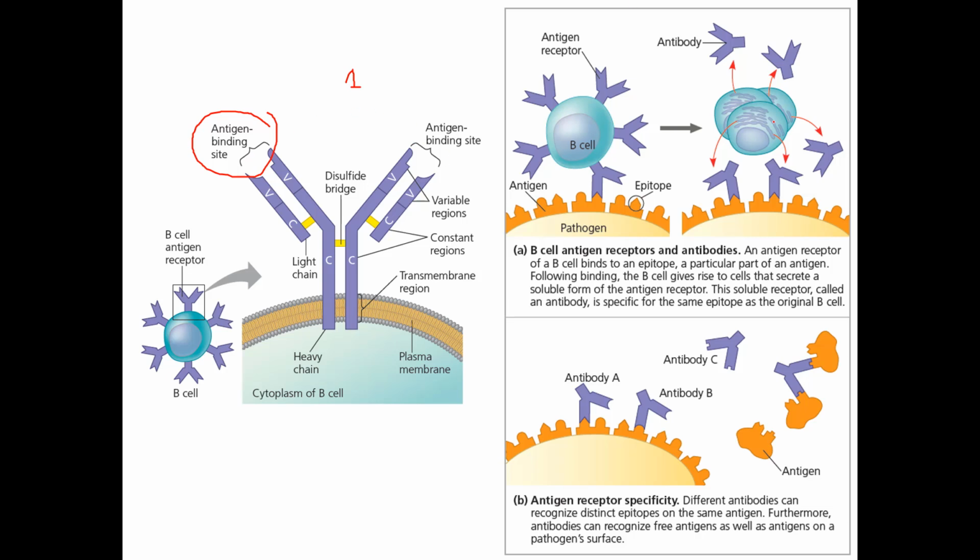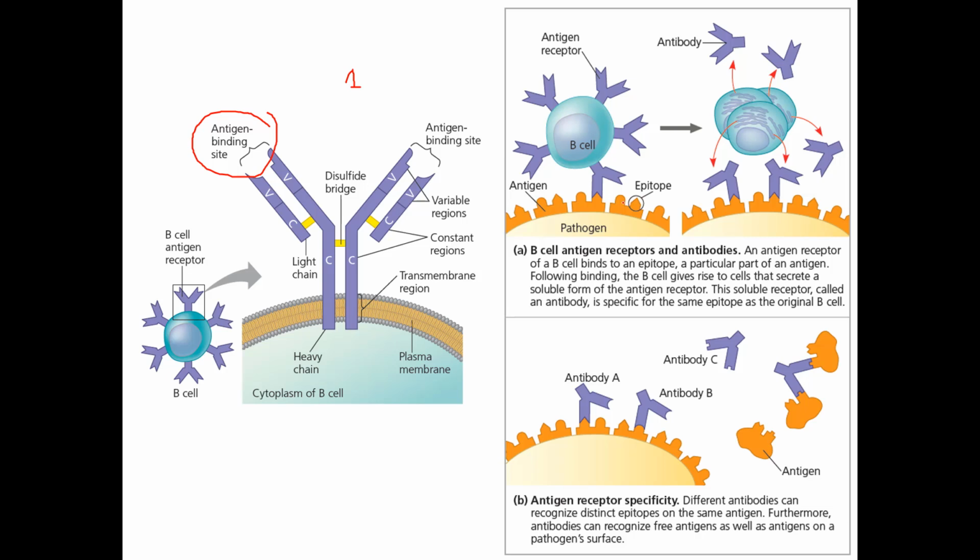So another important thing to note about the antigen receptors is that they are very specific. So a B cell will only produce one kind of antigen receptor. So as you can see, this B cell has antigen receptors whose structure is the same. So it will recognize only a particular kind of epitope. So what is an epitope?